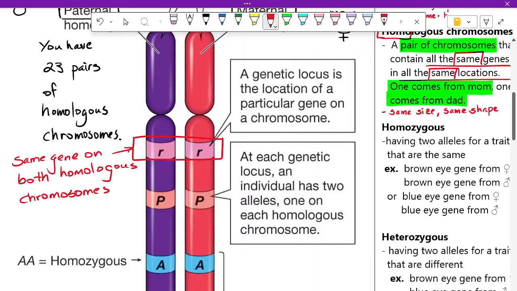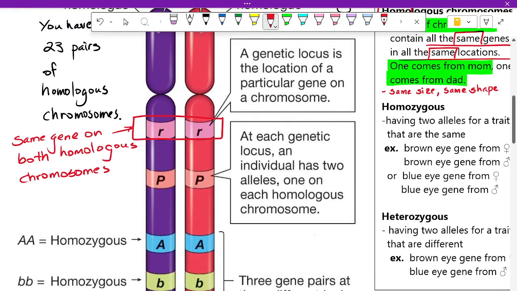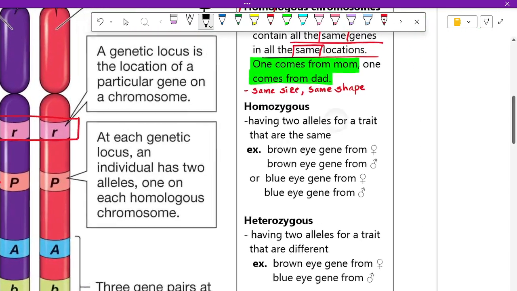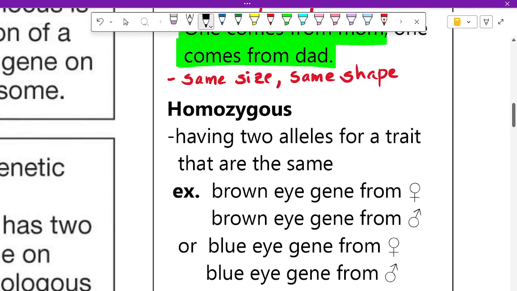Now, this particular one is a little bit funny because we have two copies of the gene. We have a P gene and a P gene, capital P, capital P. And when you have two copies of the gene that are the same, capital P, we say that for that trait, you are homozygous.